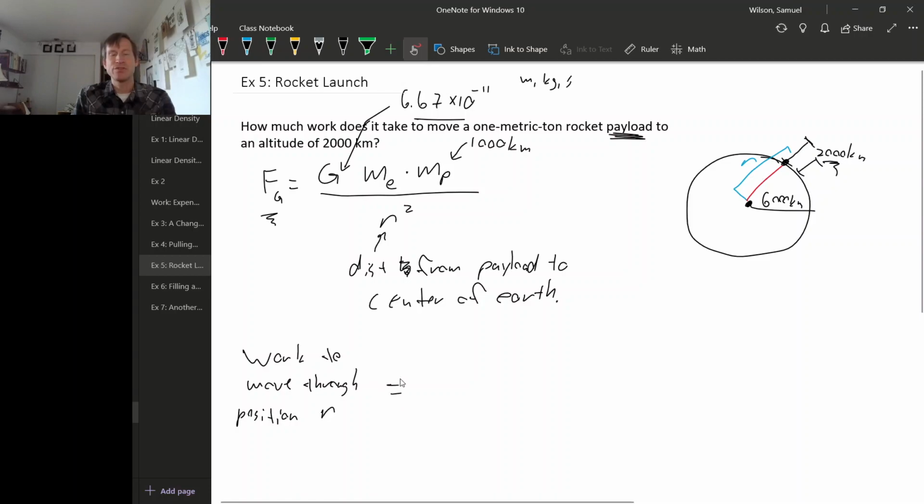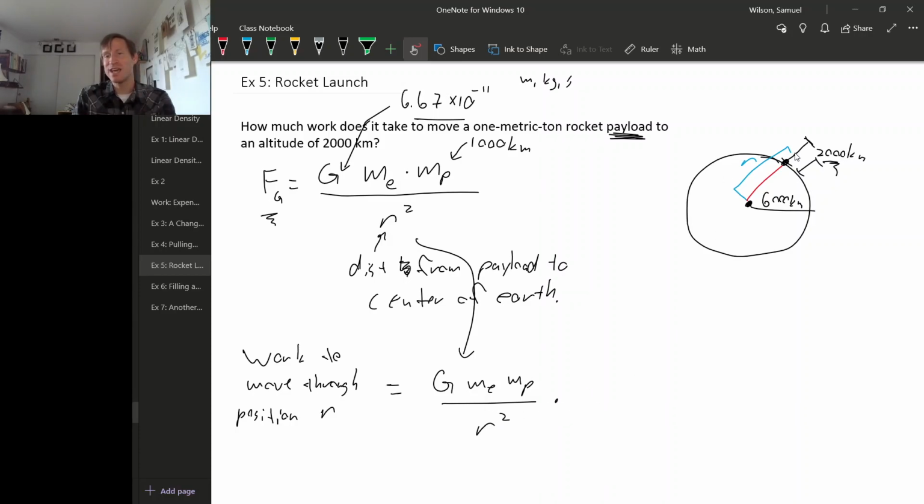Okay, so it's the force due to gravity, which is this whole formula, G times mass of Earth times mass of rocket, or mass of payload, divided by square of r, times the displacement that we have to move through to get through this single position. But that's an infinitely small displacement, so that's dr.